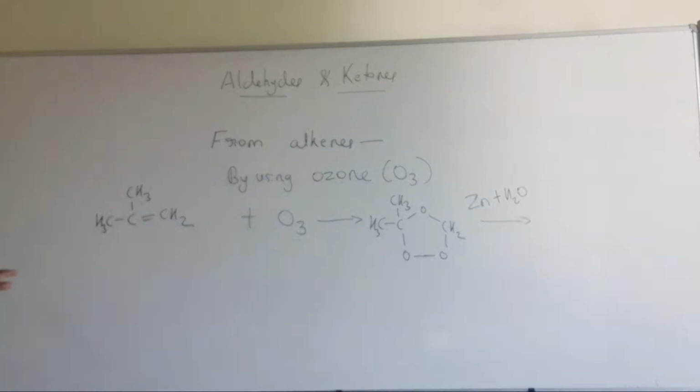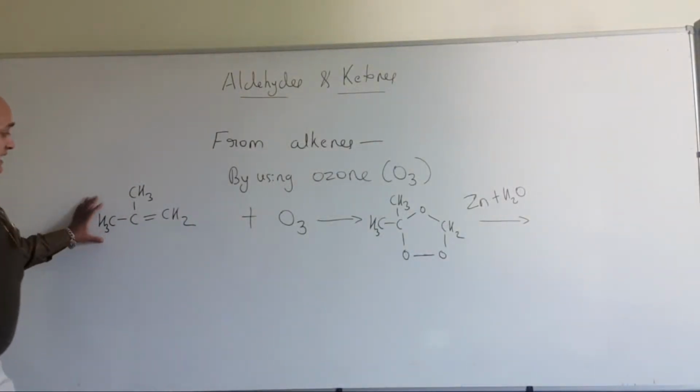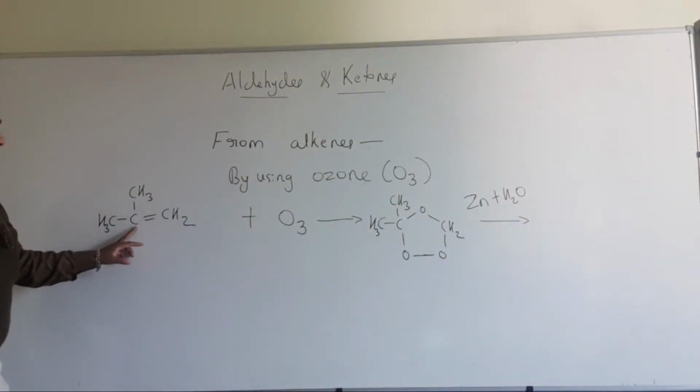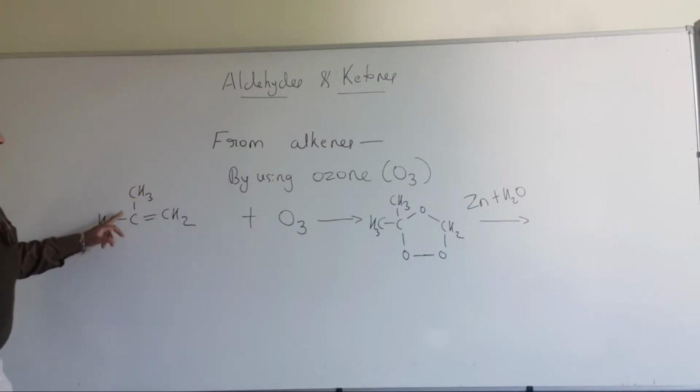Now what has happened? We have taken an alkene where one of the carbons cannot be a terminal one, it should be between carbons only. So this carbon is not having any hydrogen attached to it. That's where we have taken the branched alkenes, where the branch is exactly on the carbon involved in the unsaturation.